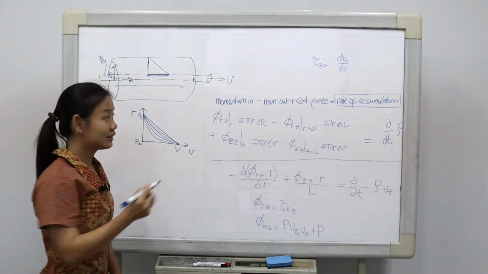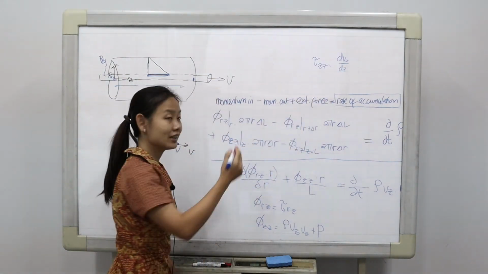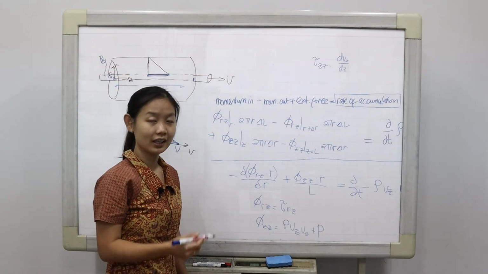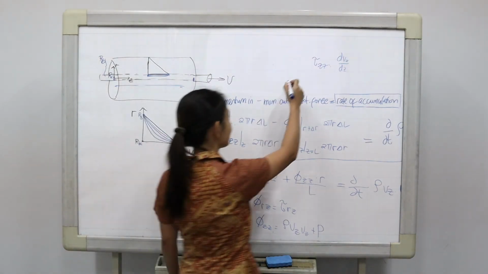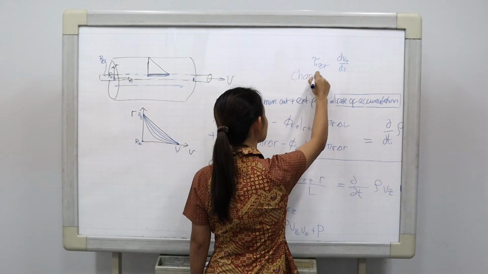So dvz over dz means the change of velocity. Maybe I'll just write it down.